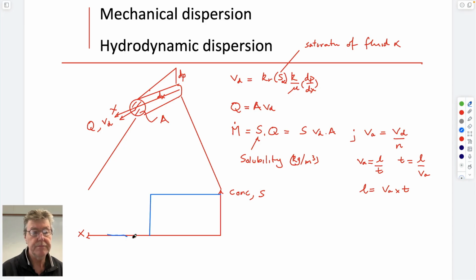Actually, you have done both, right? You've calculated how far it would go in a given time. So length is equal to advective velocity times the time since it was released. And the concentration would be equal to a solubility.